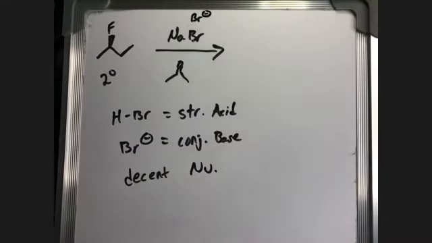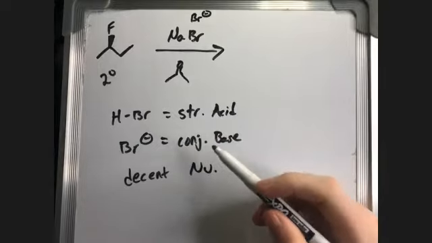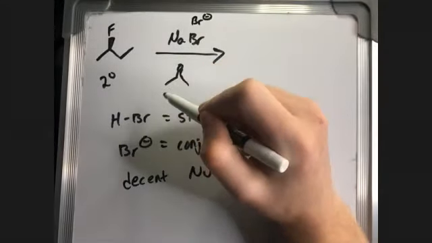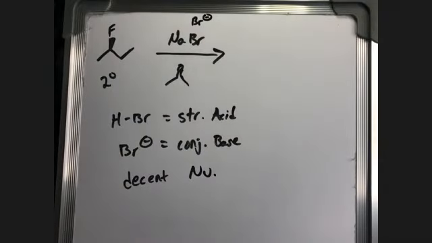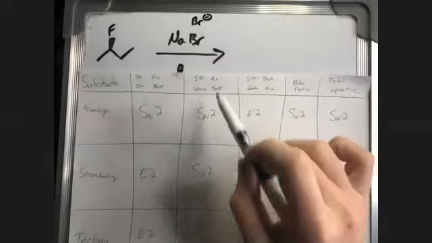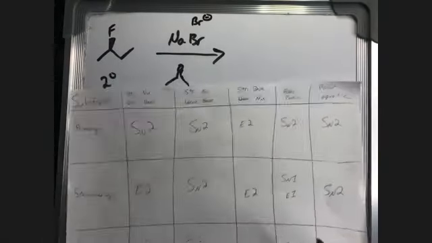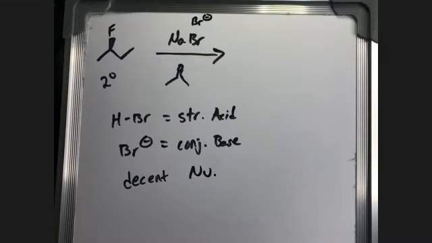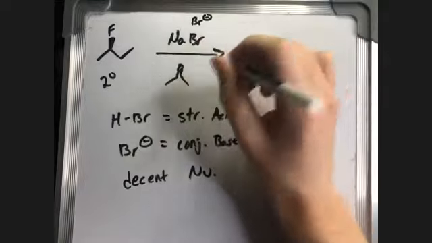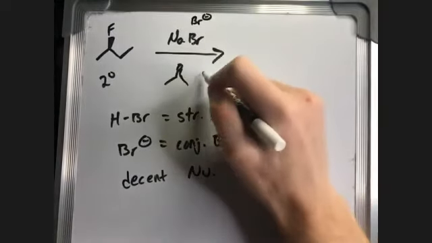All right, so if it's a nucleophile, that would be suggestive that this is going to be SN2, right? If we look at our table, this would be a strong nucleophile, weak base, secondary, so SN2. And it's polar aprotic solvent. This is acetone, can't have hydrogen bonds, polar aprotic. That would be suggestive also of SN2.